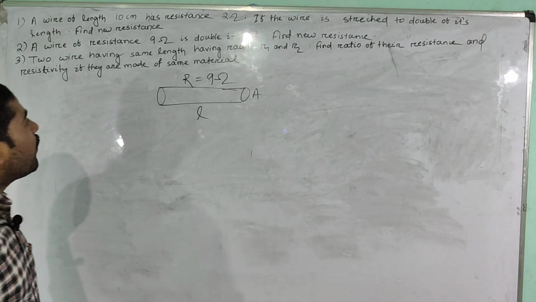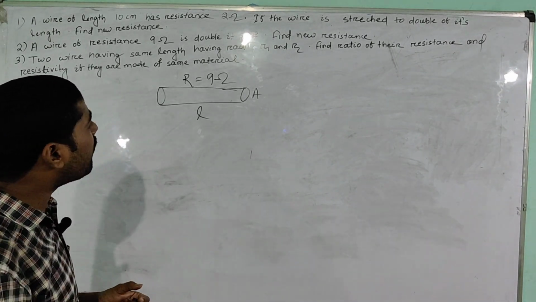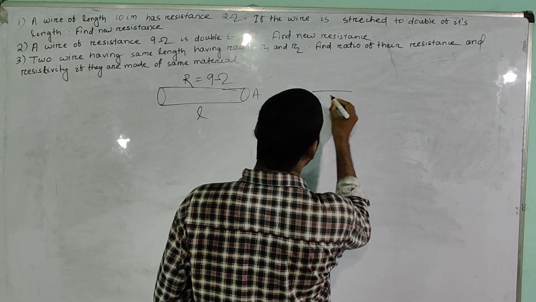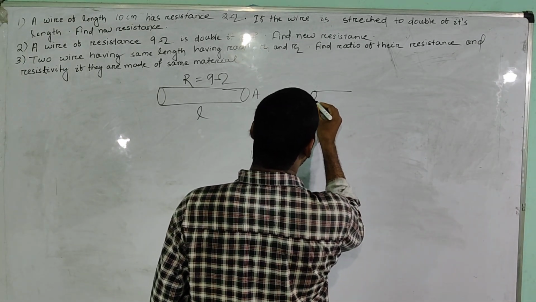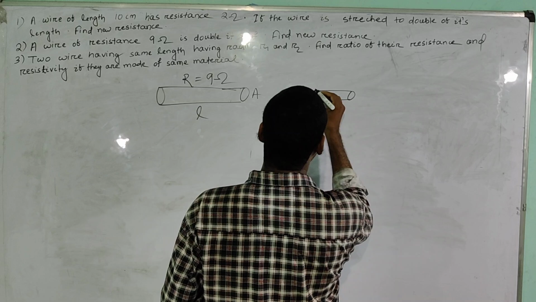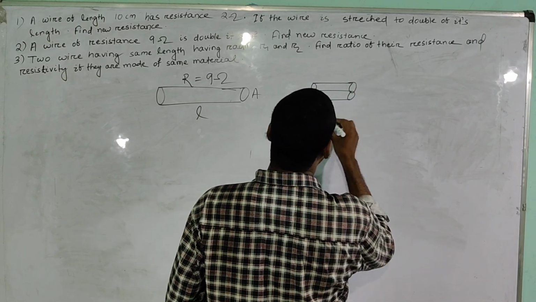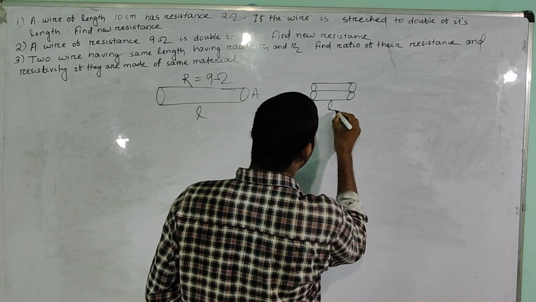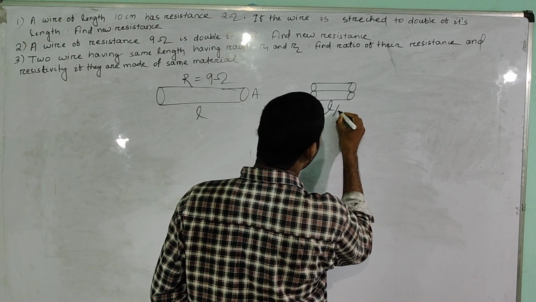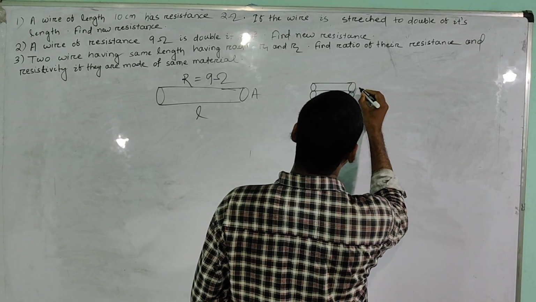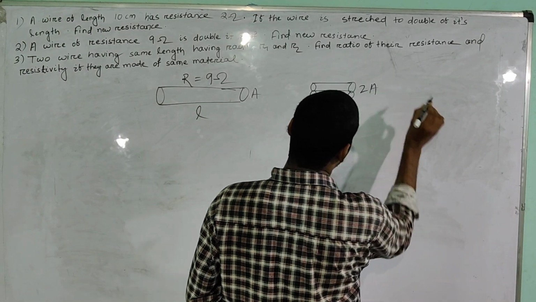Okay, when it is doubled on itself, that means the wire is folded. So in this case, the length becomes L by 2 and the area of cross section 2A.